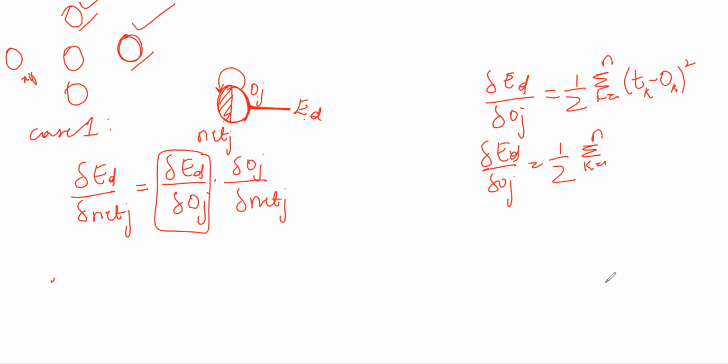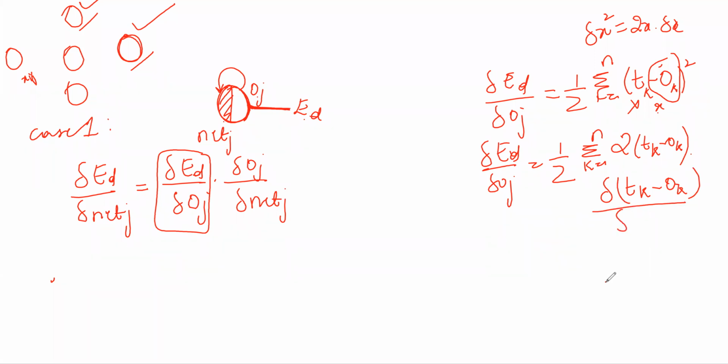The partial derivative of x square, we already know, is 2x into delta x. Let me consider this as x. So it is 2 into (Tk minus Ok) into the partial derivative of (Tk minus Ok) with respect to OK.